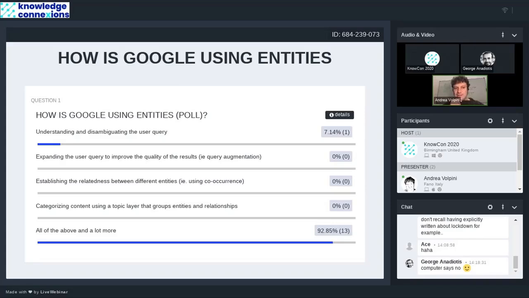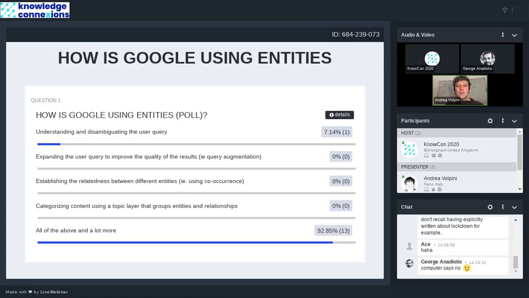And yes, the result is that Google is using entities for understanding the user query, for expanding the query to improve the quality of the results, and for establishing the relatedness between different entities, using co-occurrences, as we've seen, as we've done ourselves with embeddings, and also for categorizing the content using this topic layer that has been defined as a way for grouping entities inside Google within large clusters.